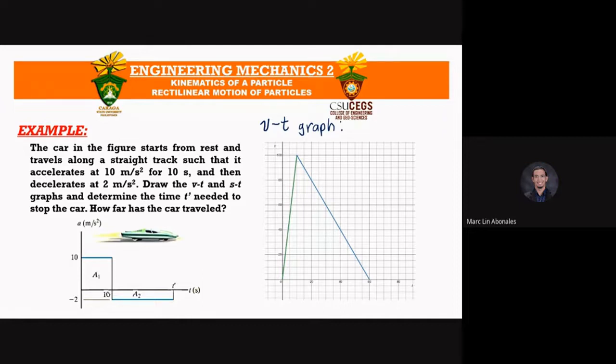The same gihapon ang ma-graph niya. Pero basta para dili mo malibog, mas better kung i-label ninyo first ang inyong axis before ninyo i-input mga functions or mga equations na i-graph ninyo.